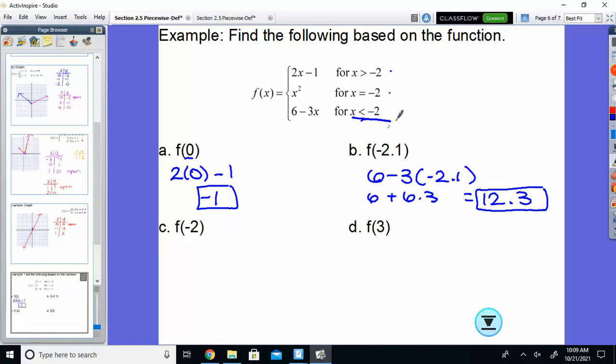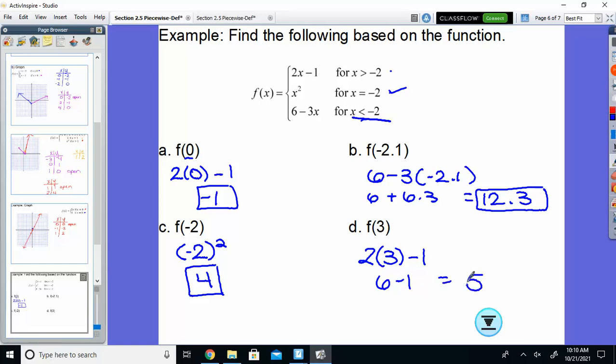F of -2, which piece would you use? Second one, -2 is equal to -2, so we're going to put it in there. So -2 squared means -2 times -2, which is positive 4. And the final one, F of 3, which piece would you use? First one, 3 is greater than -2, so 2 times 3 minus 1.